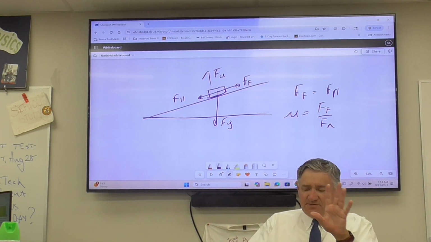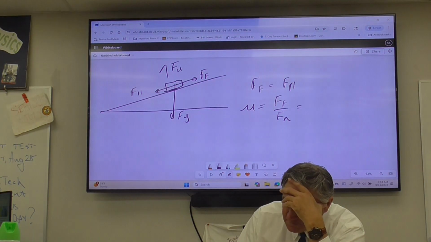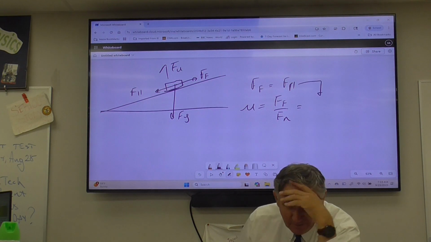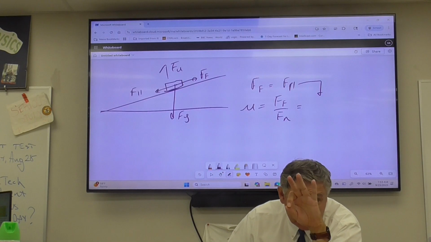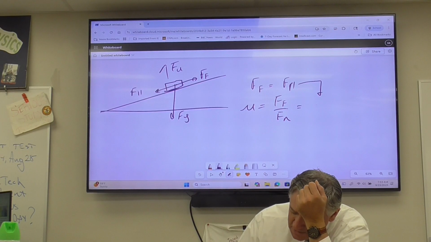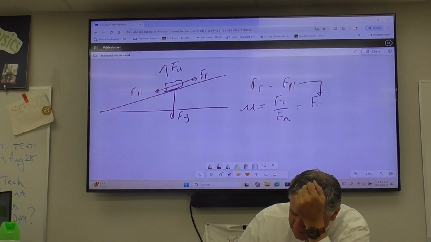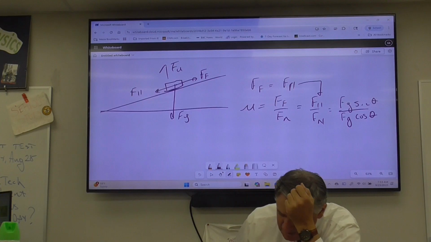Now, we said force friction is going to equal force parallel, at that point where it just begins to move. And this only works for static friction. So that's the same as my force parallel over my force normal. Well, force parallel is Fg sine theta, and force normal is Fg cosine theta.